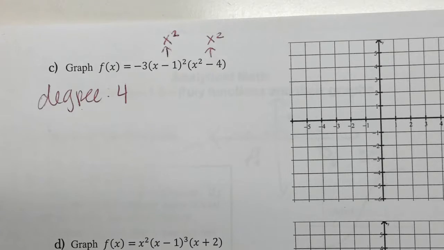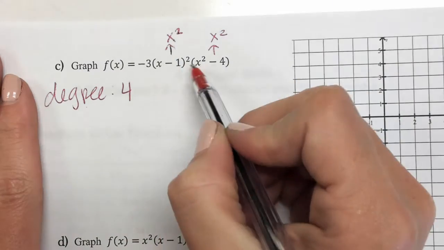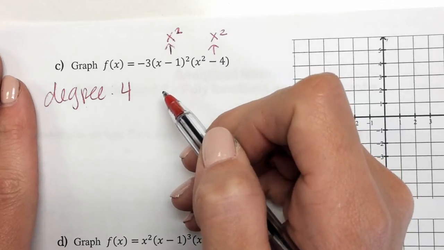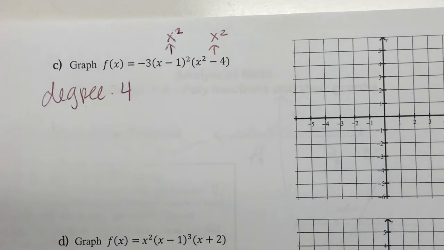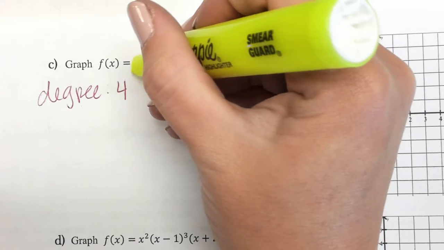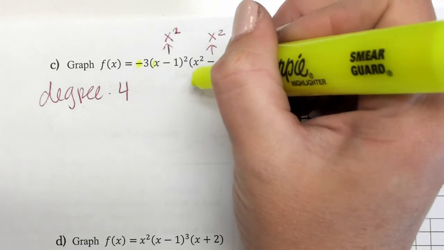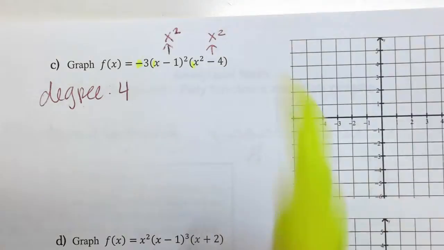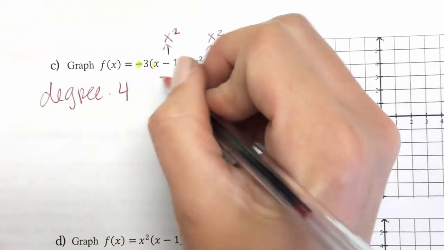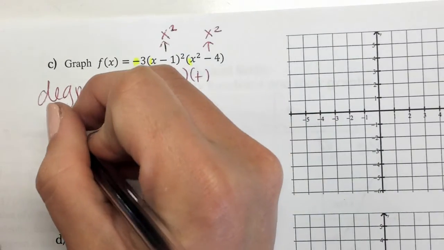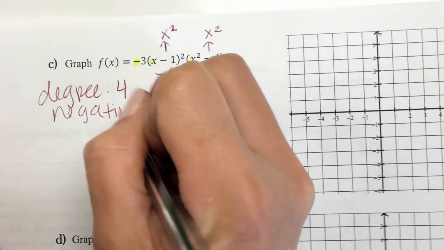And now for the leading coefficient, you look at each leading term, the numbers. And we really don't care about the numbers, just the what? The sign. This leading one is what? This one is positive, because it's positive 1 out front. This one is. So what would happen if I multiplied a negative times a positive times a positive? It'd still be negative. Very good. So this is negative and even.